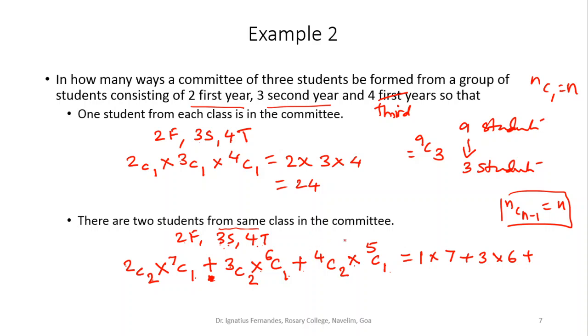So 4C2 is 4 into 3, that is 12, 12 upon 2 is 6, into 5C1 which is 5. Okay, so I have 1 into 7 plus 3 into 6 plus 6 into 5, that will come to around 55. So I have 55 ways of forming a committee of 3 students from 2 first year, 3 second year and 4 third year students, so that 2 students are from the same class in the committee.